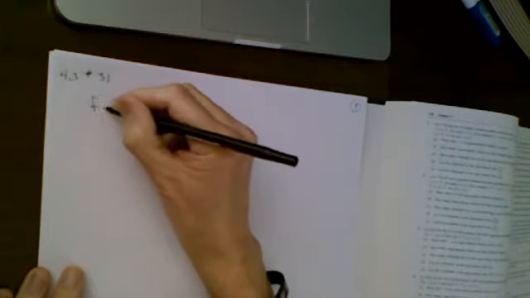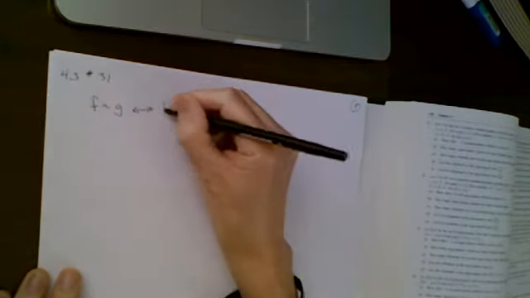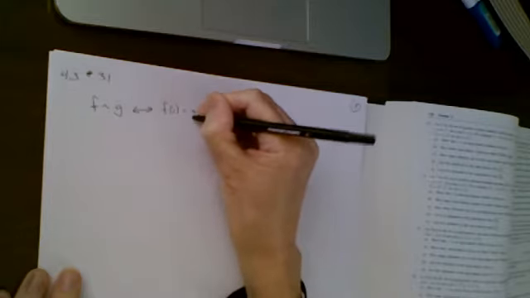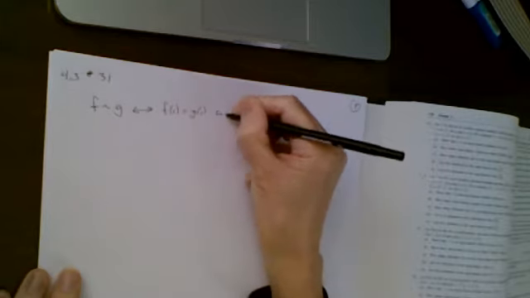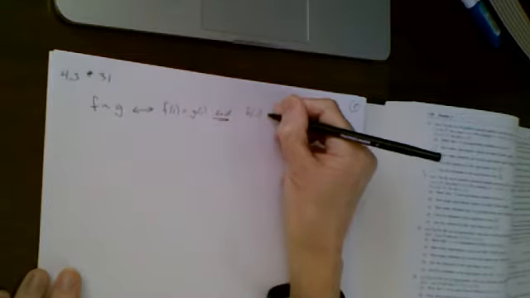So f is equivalent to g if and only if f of 1 equals g of 1 and f of negative 1 equals g of negative 1. Well, before we jump right into this, let's sort of play.